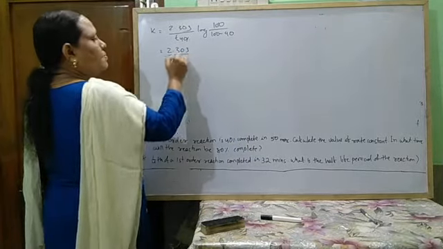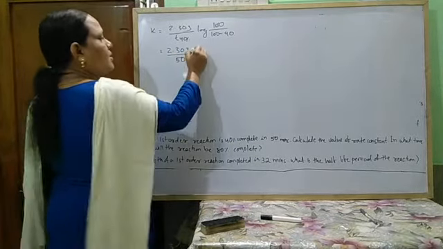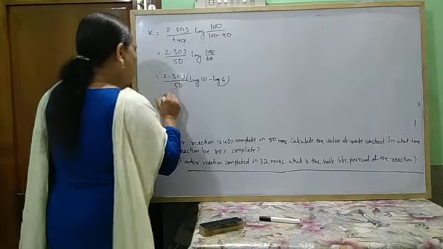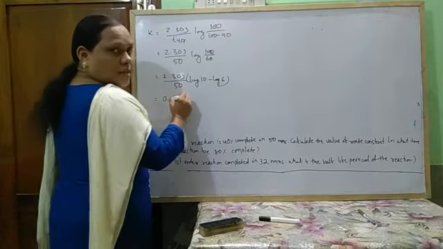K = 2.303/50 × log 100/60, or we can write 10 by 6. So that is equal to 2.303/50 × (log 10 − log 6), where log 10 value is 1. This value we find out, that is equal to 0.010.